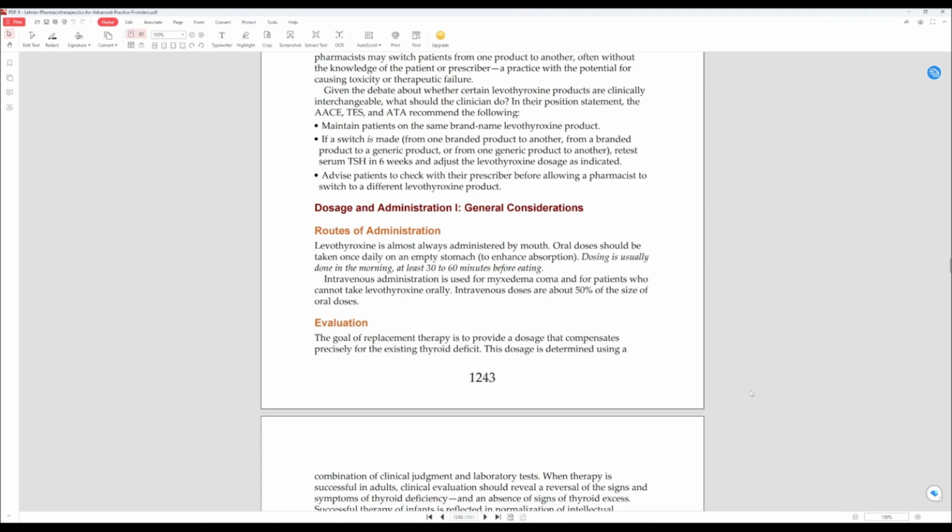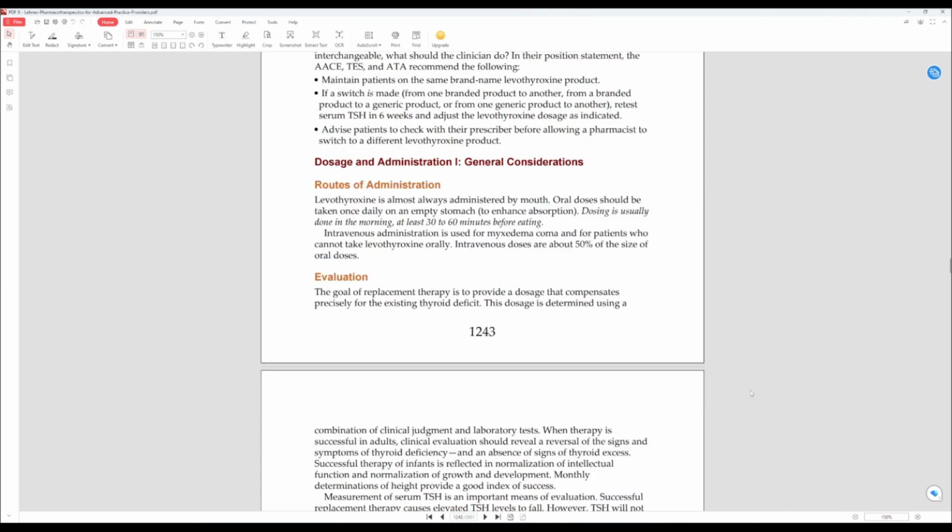Second, if a switch is made from one branded product to another, or from a branded product to a generic product, or from one generic product to another, retest serum TSH in 6 weeks, and adjustment of the levothyroxine dosage is indicated. And lastly, advise patients to check with their prescriber before allowing a pharmacist to switch to a different levothyroxine product.